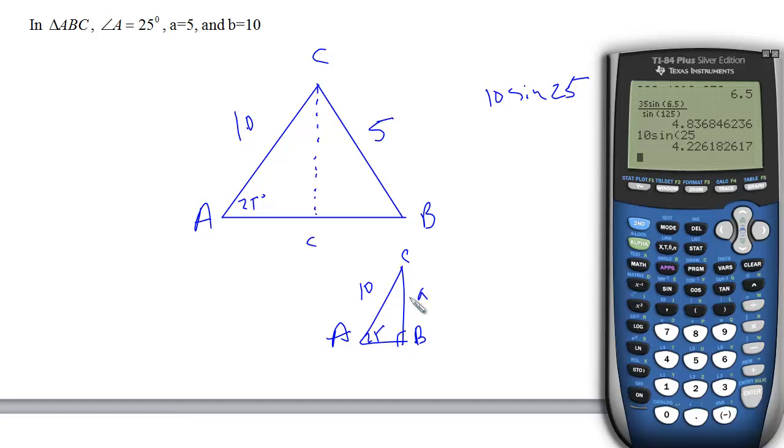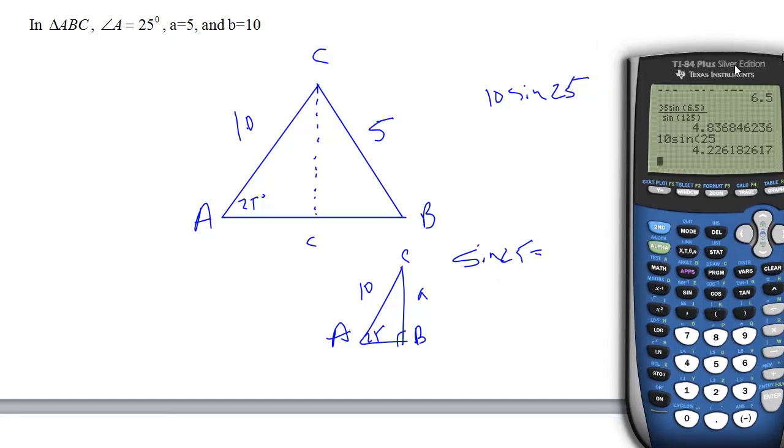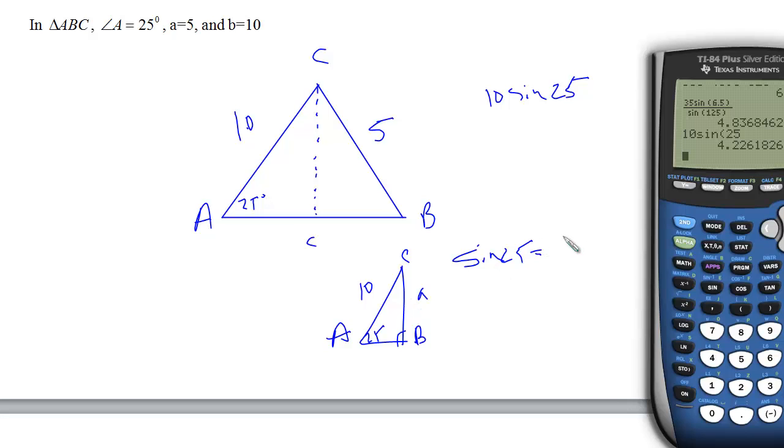I would take the opposite over the hypotenuse. That's the sine. So in this case, the sine of 25 equals the opposite side over the hypotenuse. Now, how do we solve for A? Well, I just multiply everything by 10. So A is equal to 10 times the sine of 25. And that's where that's coming from.